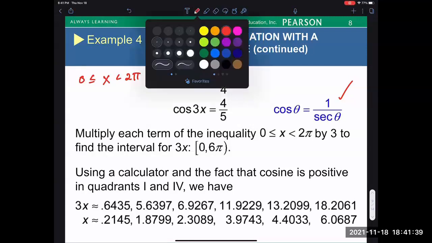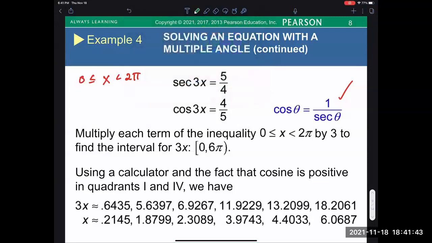To figure that out, again, you take the restriction on x and you convert that into the restriction for 3x. The simple way to do that is to multiply all of these by 3. That means the restriction for 3x is that 0 is less than or equal to 3x, which is less than 6 pi.